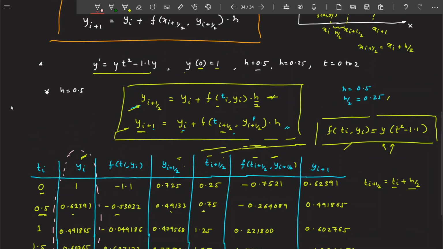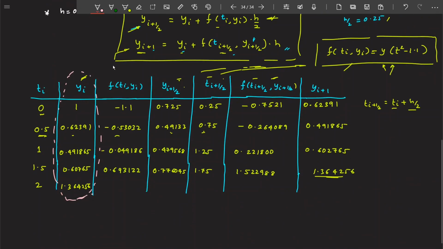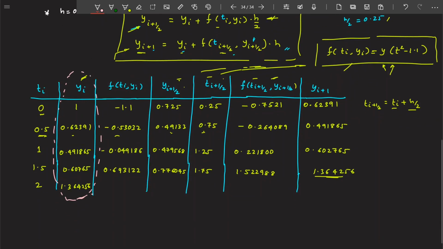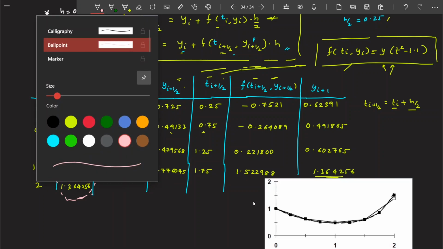So similarly, you can do the calculation for h is equal to 0.25. Again, you can form a table and calculate. Once you do that and once you plot it, you will find out that this is the graph that you'll be getting.